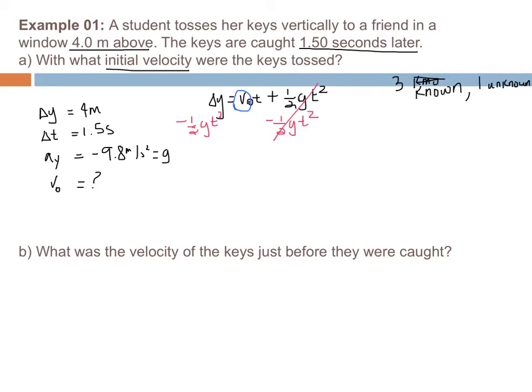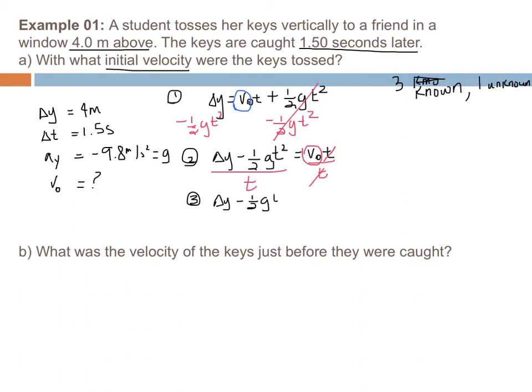So this is step 1, this is step 2. Now our equation looks like this: negative 1/2 g t squared is equal to v naught t. Again, next step, I'm trying to solve for initial velocity, so I divide by time, and I have every single piece on the left-hand side.